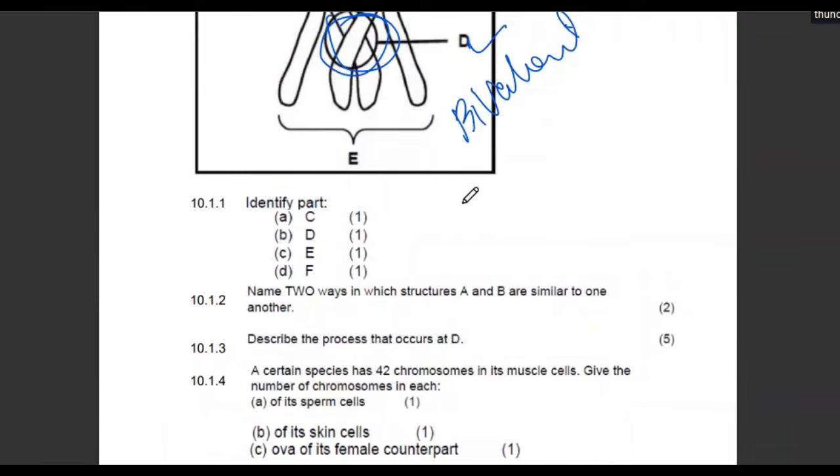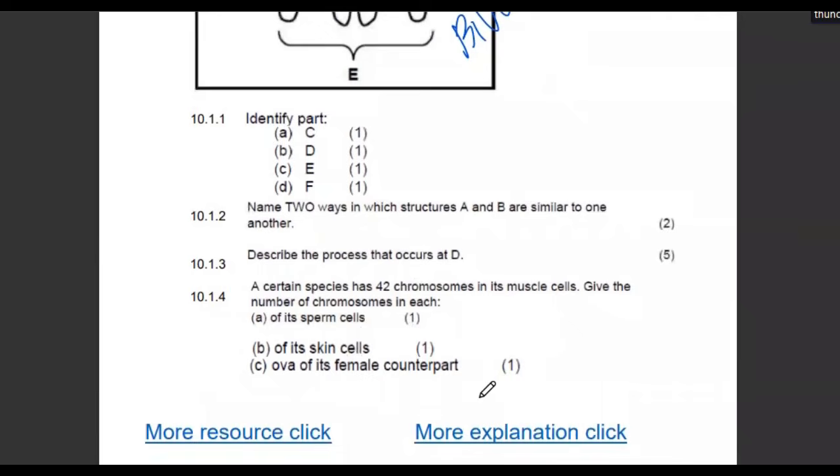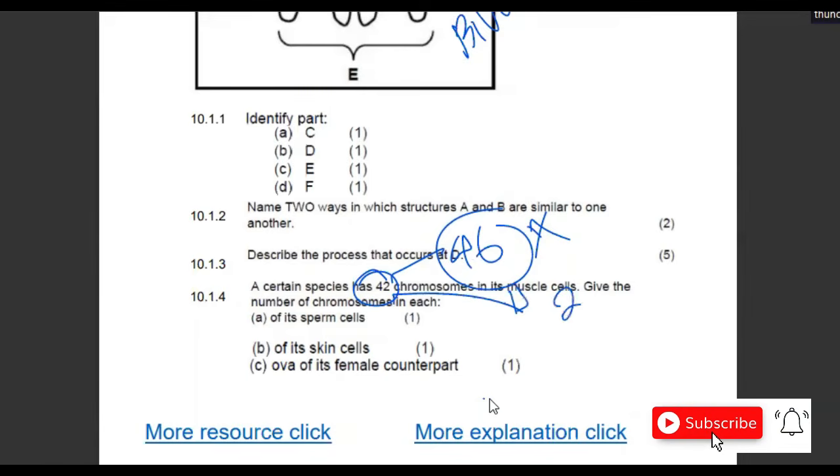I explained it before. This is where tricky things come from. They're saying a certain species has 42 chromosomes. They're not saying human, so don't talk about 46. They are saying 42. The muscle cell, remember, is made of autosomes, always 2n. Give the chromosome number of the sperm cell.